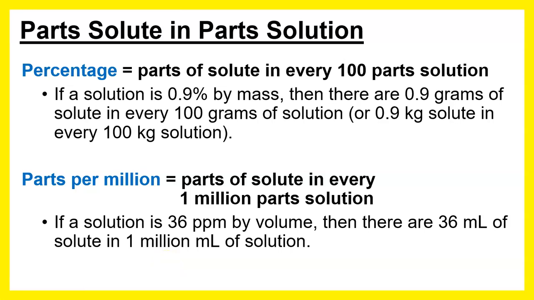The reason they're using such a big denominator, the reason they're using so much solution, is because things like pollution, right? Usually it's not very much present. And so it's such a tiny number that they use this parts per million.